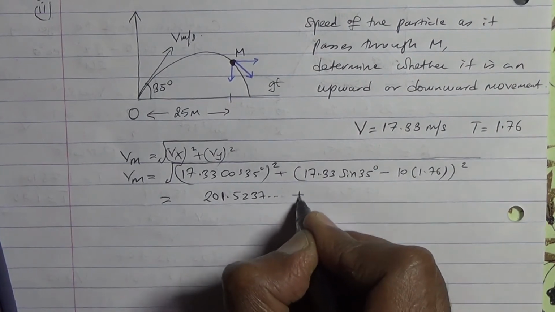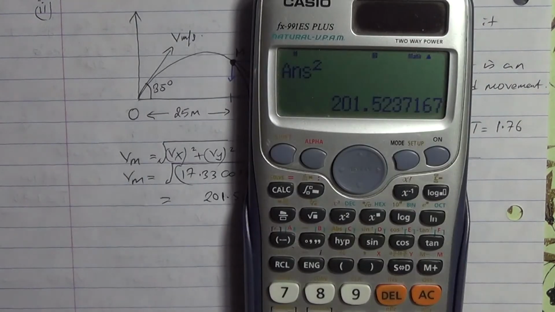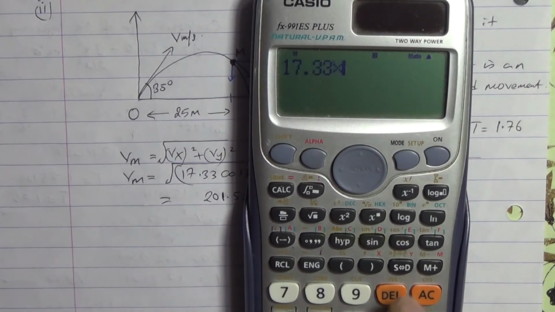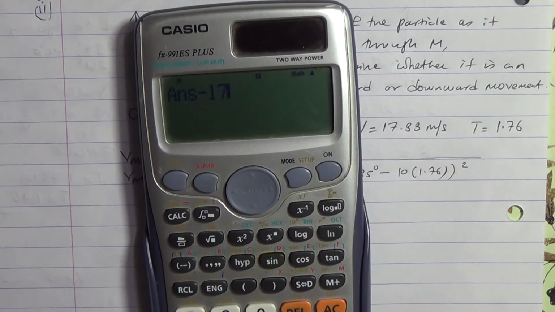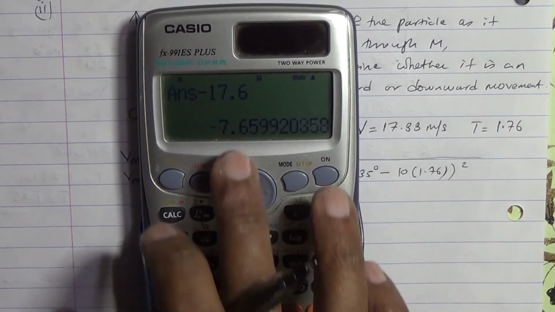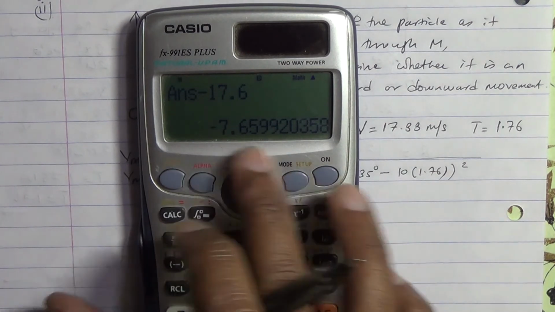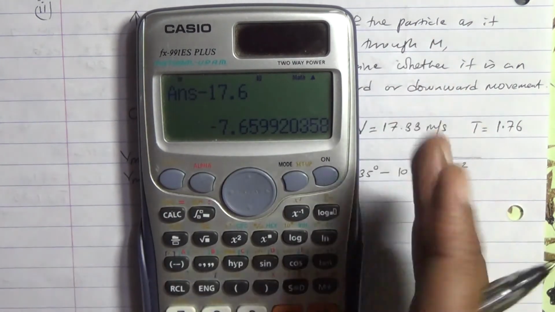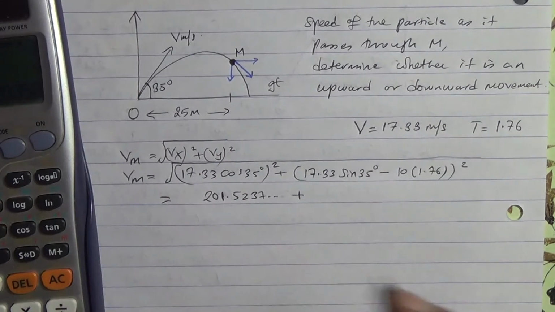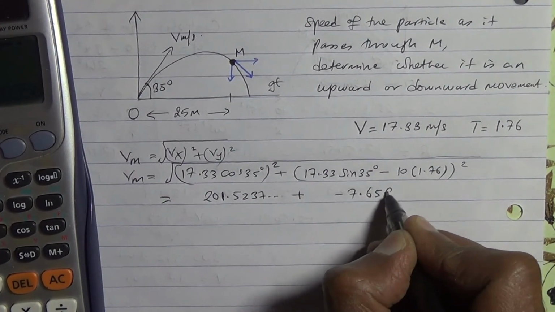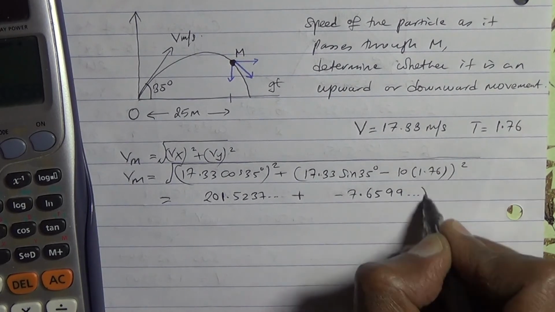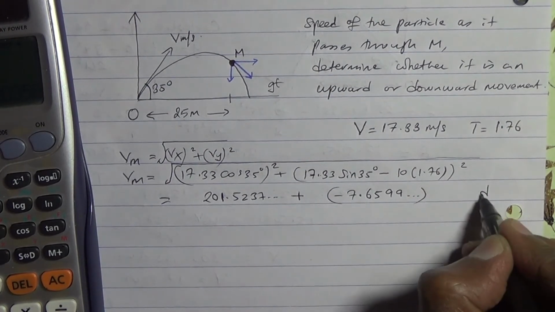Plus, this one now is 17.33 multiplied by the sine of 35, take away 10 times 1.76, which turns out to be negative. So we're getting negative velocity on the y component. Remember that, negative 0.7659 and so on. This means that this is a downward velocity.